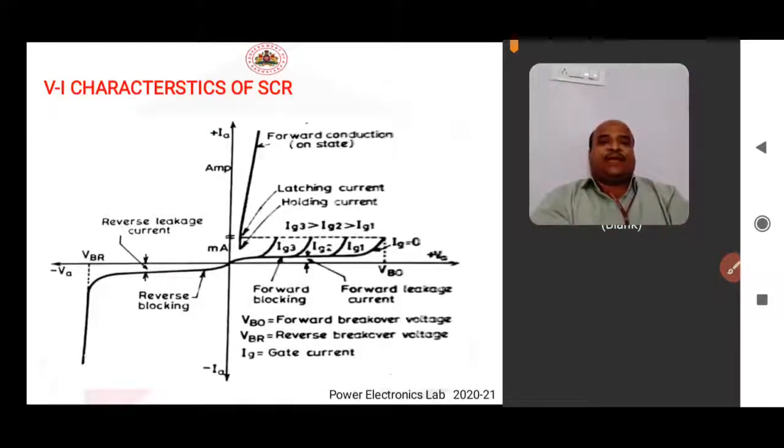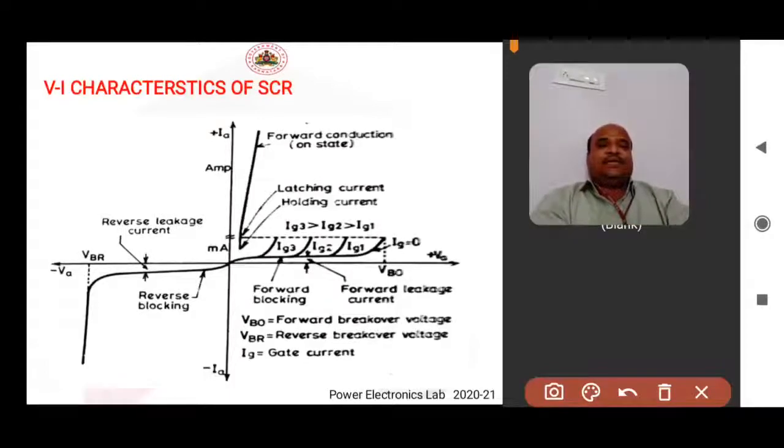Next, we have the VI characteristics of SCR. This is the plot between the voltage across anode and cathode and the anode current. The voltage across SCR is taken along the x-axis and anode current is taken along the y-axis.